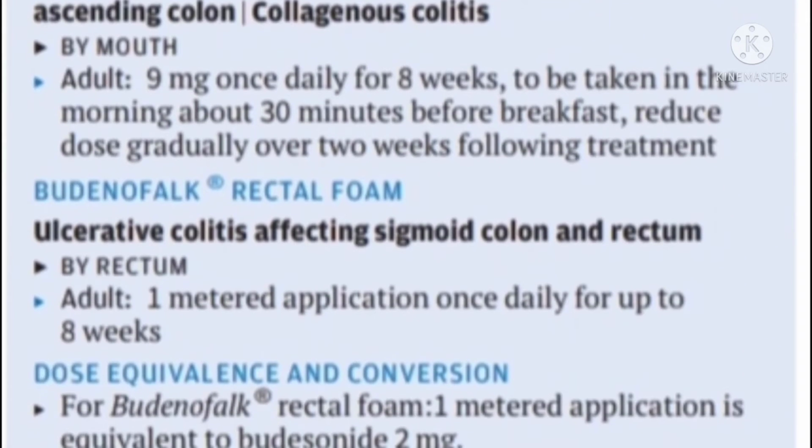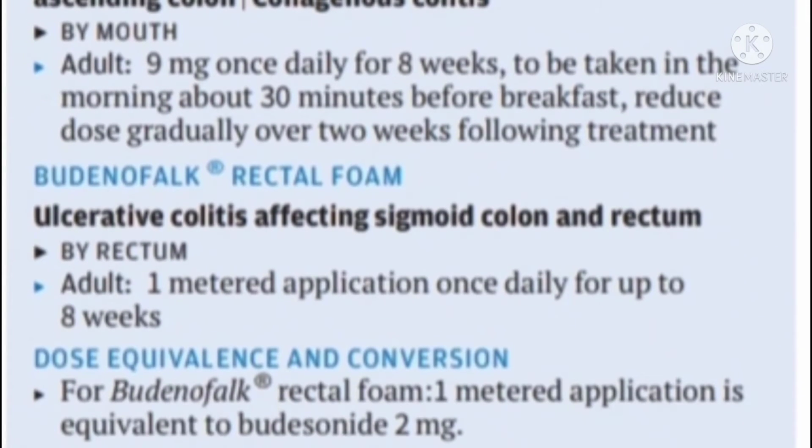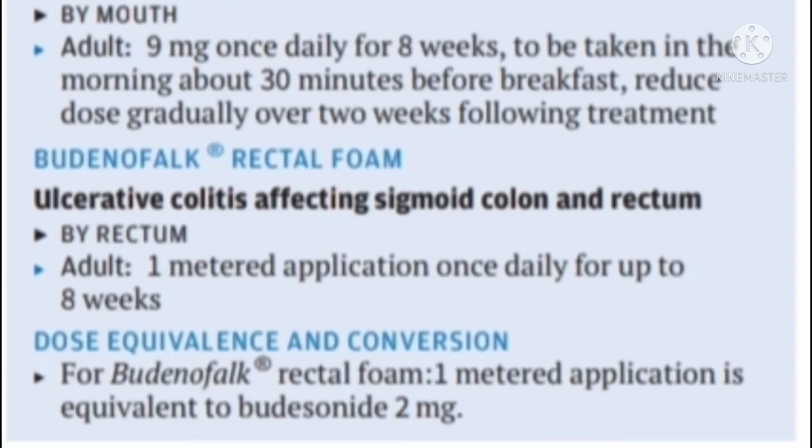Now the rectal form is used in the treatment of ulcerative colitis affecting the sigmoid colon and rectum, with an adult dose of 1 metered application once daily for up to 8 weeks, equivalent to 2 mg Budesonide.